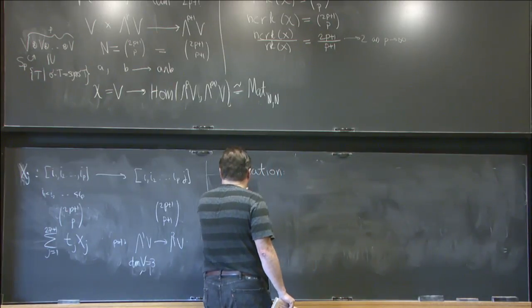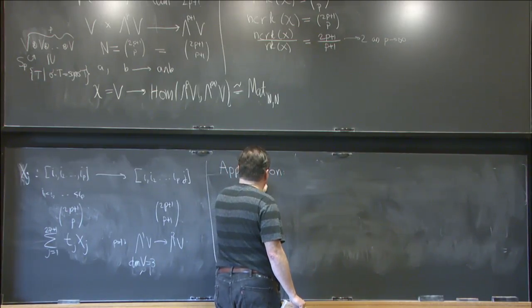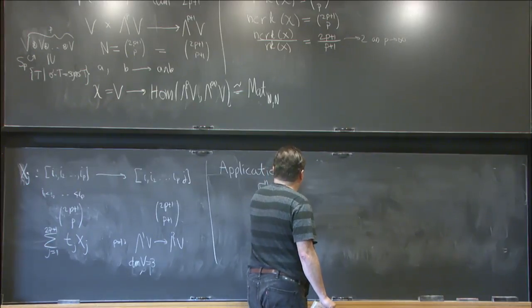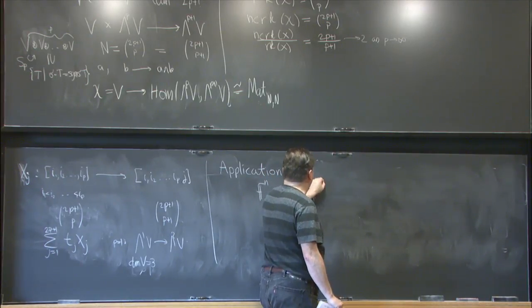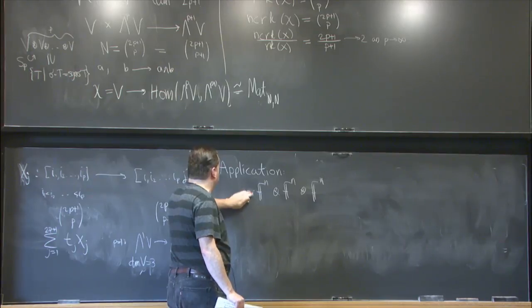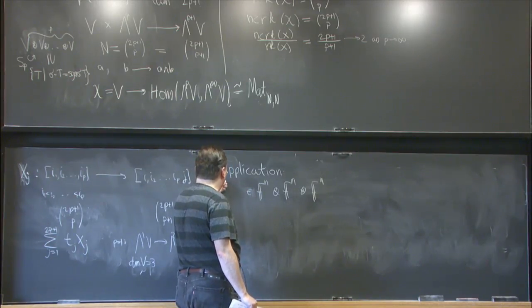I cannot say too much about this, but if you look inside this tensor product, you can think of this as three-way arrays.